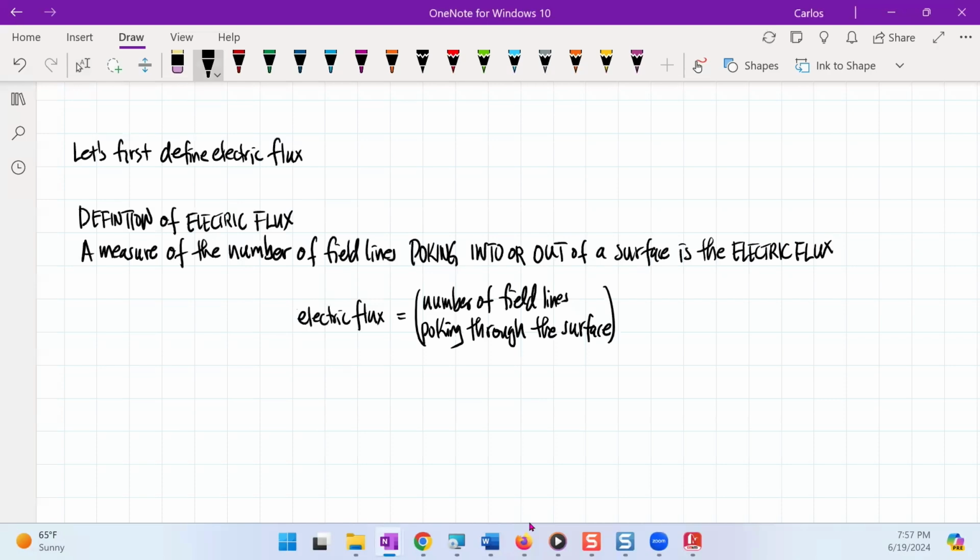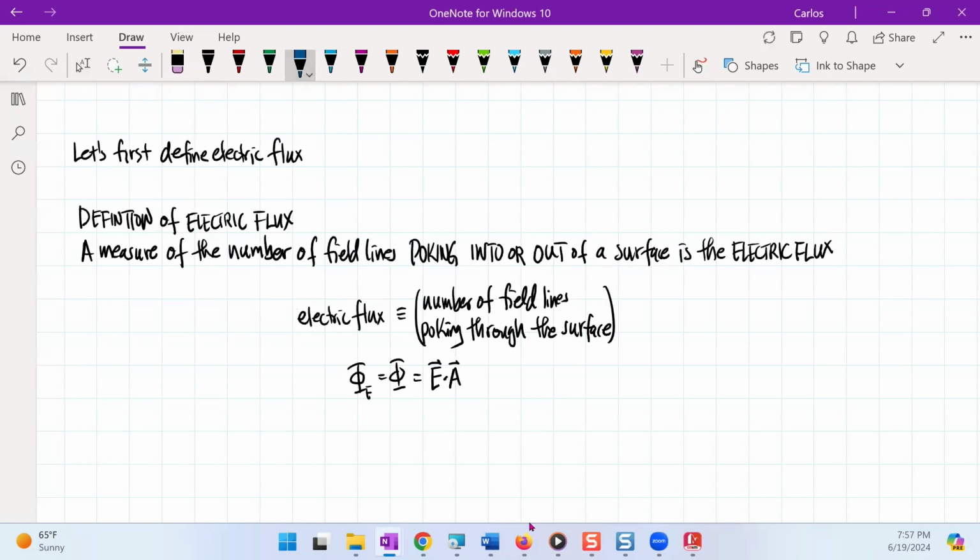That is our definition. Mathematically, we then say that the electric flux, sometimes you'll see me write an E, is equal to E dot A.